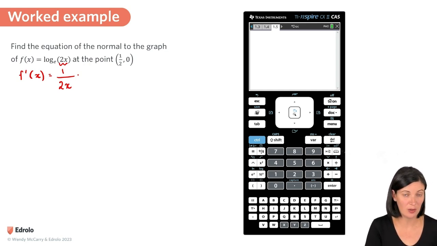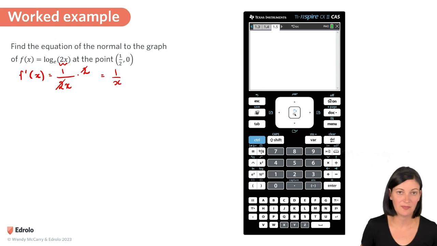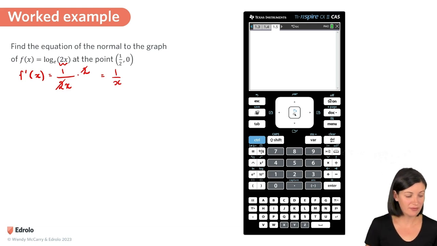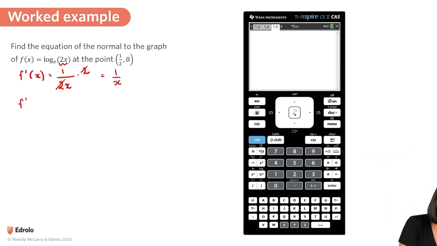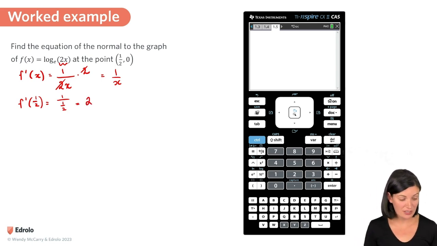So the derivative of 2x is 2. Those cancel out to just give us 1 over x. Now, I've still got to substitute in the point x equals 1/2. So f dash at 1/2 is equal to 1 over 1/2, which is 2. So that's the gradient of the tangent.